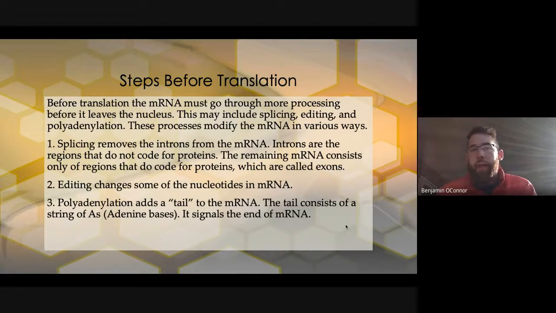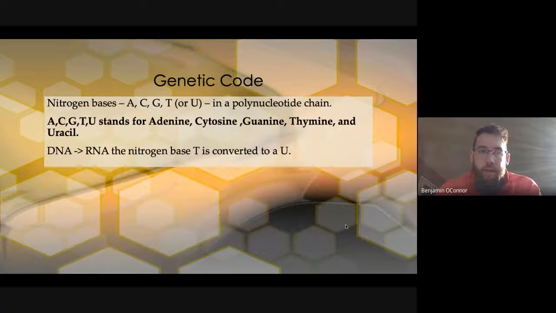So we have to splice out those intron areas. Some editing goes on. Essentially, you have enzymes that will read your RNA strands and make sure that they are correctly sequenced, because you're about to make a protein and you don't want to make the wrong protein. And that poly-A tail is just the stop sign at the end of the RNA strand.